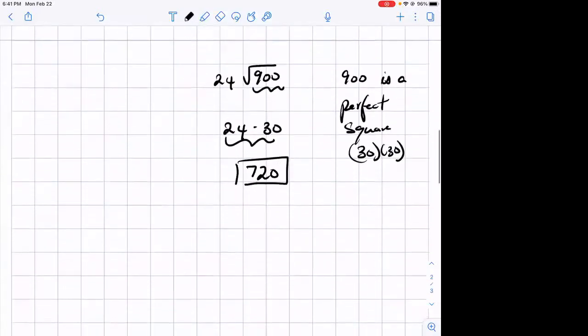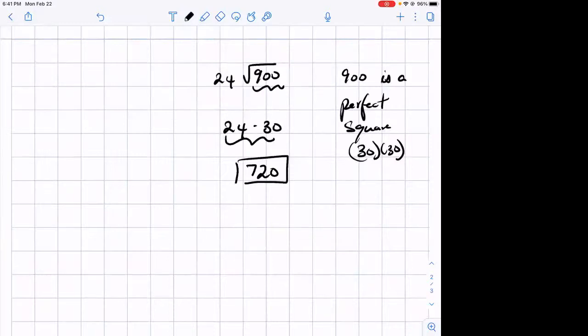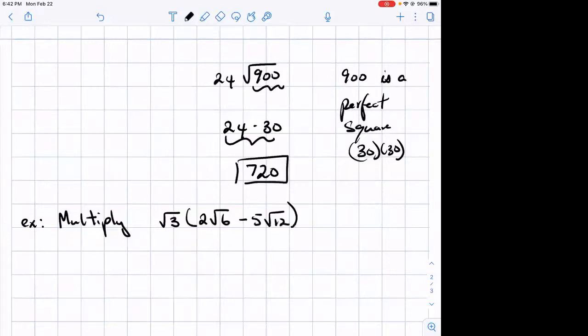Let's look at a different example where we have to use the distributive property. Multiply root 3 times 2 root 6 minus 5 root 12.